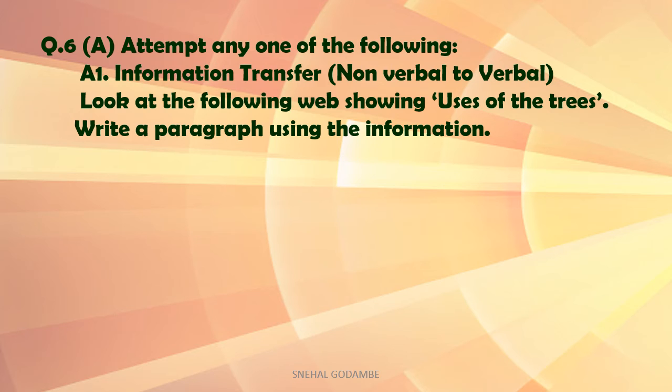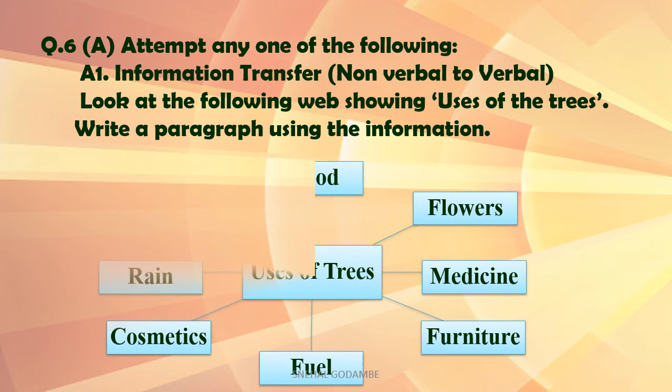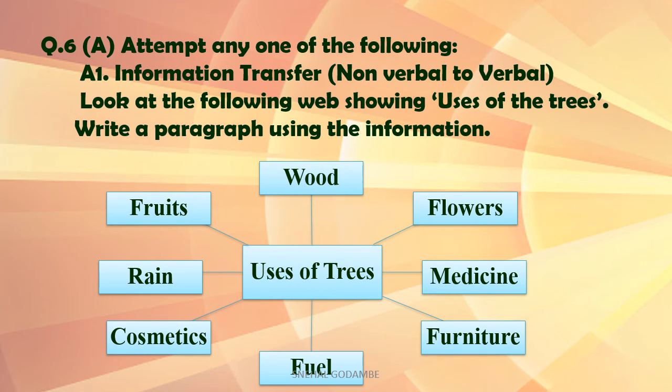So as we have seen, non-verbal to verbal. So this is the wave given to us, uses of the trees, and different points are being provided to you. Now we have to use this information and convert this into a paragraph. Let's do this.